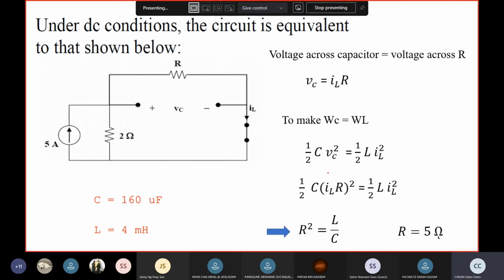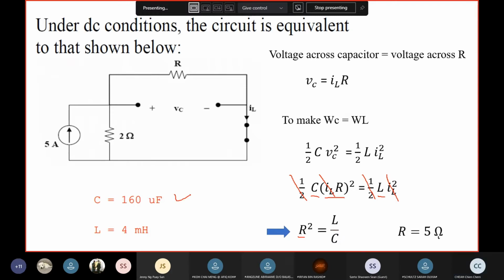So you substitute this into these equations, and this is what we get. Here we can see that the currents cancel each other: IL squared cancels IL squared, half cancels with half, which means that R squared multiplied by C is equal to L. So R squared is equal to L divided by C. C and L are given.